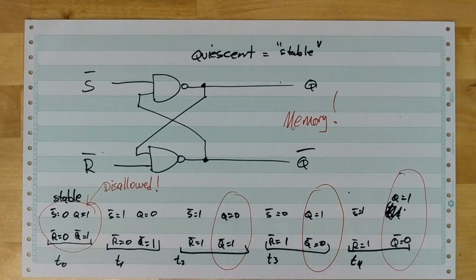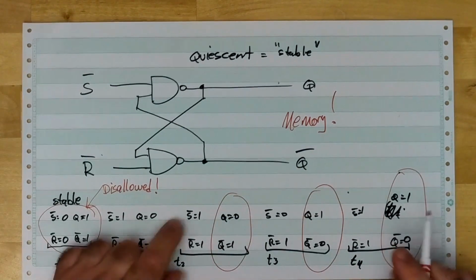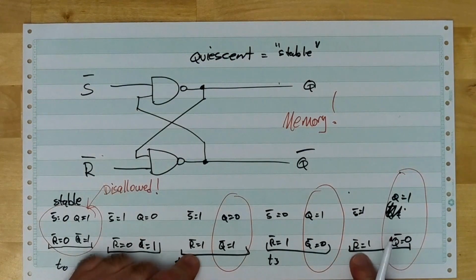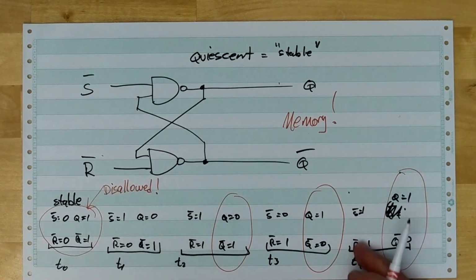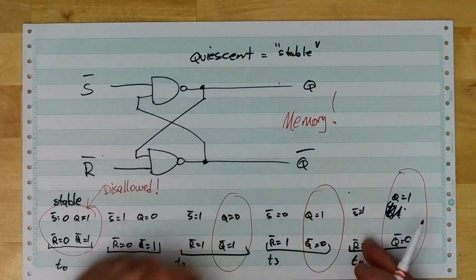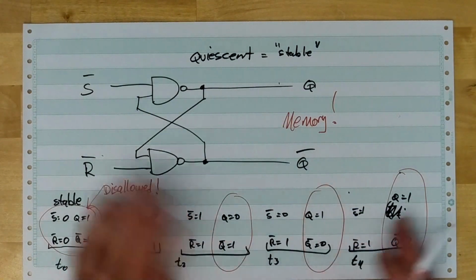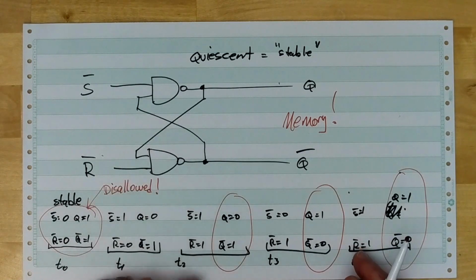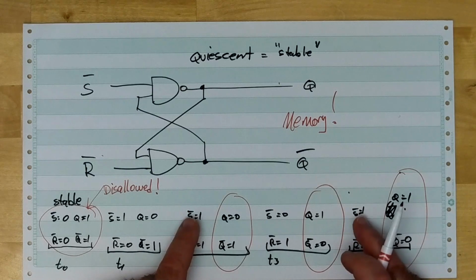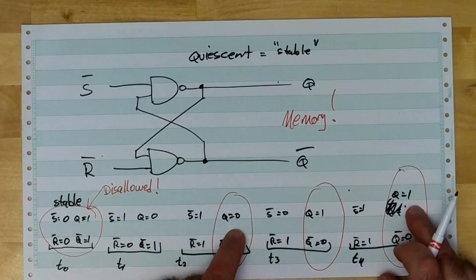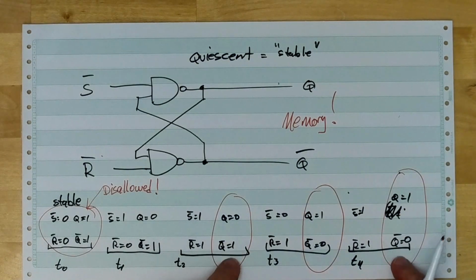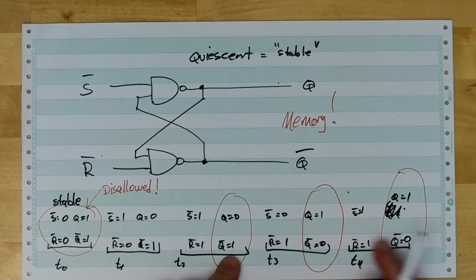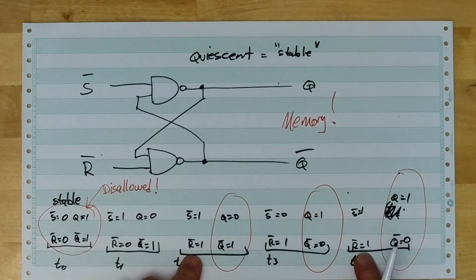So this is why time is important. Look what's going on here. I've got S bar 1, R bar 1. In a combinational circuit, this situation would have the same output because it had the same input. But it's not combinational. This is sequential, all right? Which means just because I know what the inputs are now, I don't necessarily know what the outputs must be, because I have to know what happened before this point in time.